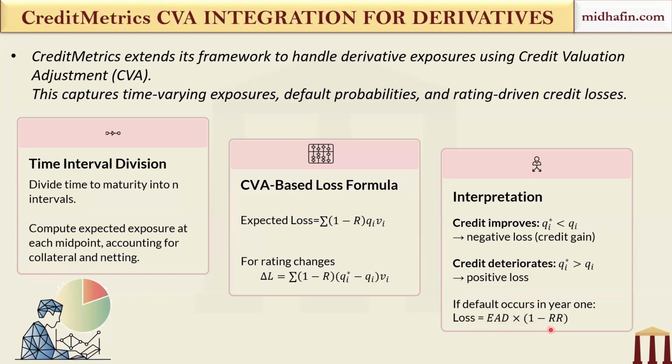So this extension lets CreditMetrics handle derivatives and time dependent exposures also using the same consistent credit framework. By integrating this CVA into the simulation process, CreditMetrics actually unifies credit migration risk, default risk, and exposure evolution in one single structure.